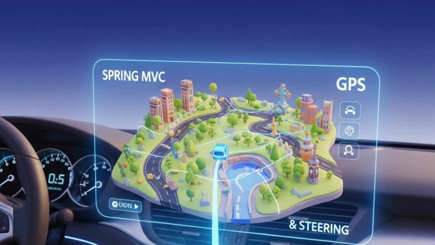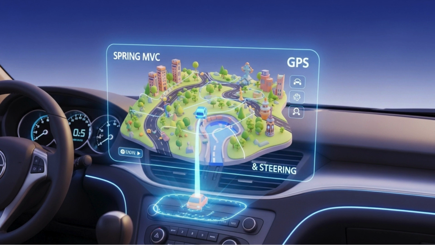It decides where each request should go. When you say take me home, GPS maps the route and steering guides you, right? That's how it works. Similarly, in Spring MVC, annotations like @Controller, @RestController, and @GetMapping map your commands to the right destination.